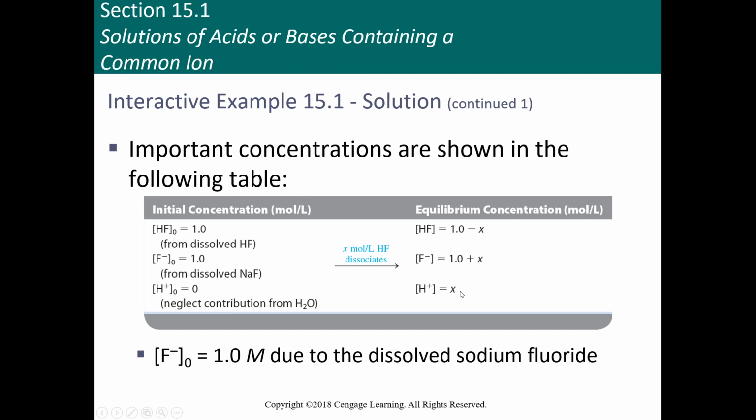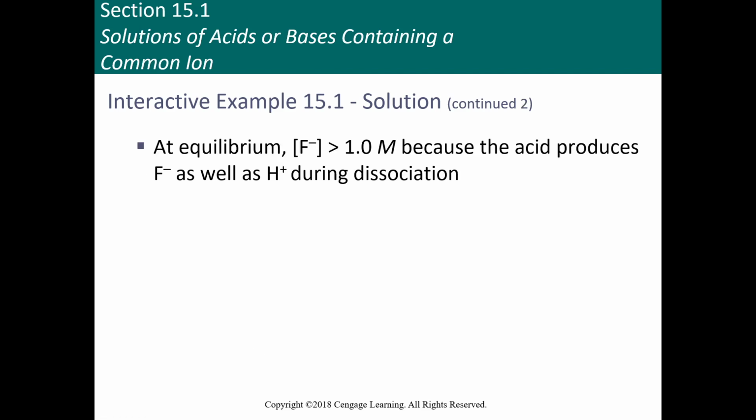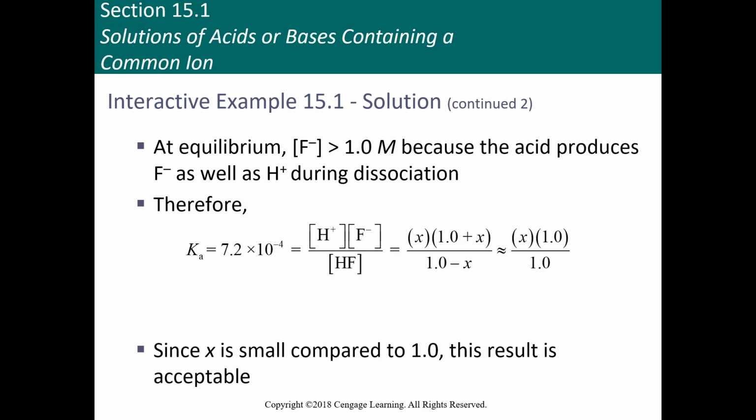And so we will just put X. Whatever we made is the amount of H plus. All right, so we have our terms at equilibrium now. We can go ahead and substitute those into our equilibrium expression here. And so we substitute those in right there. That's the X right there. That's the 1 plus X right here. And that's the 1 minus X down here.